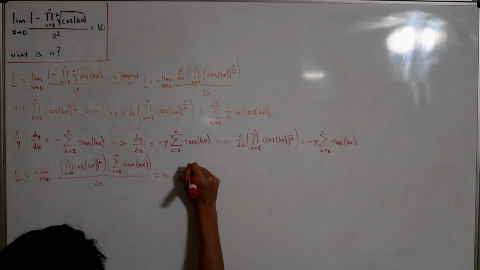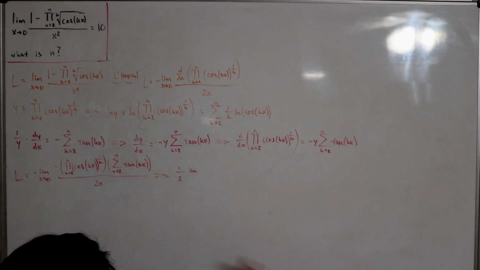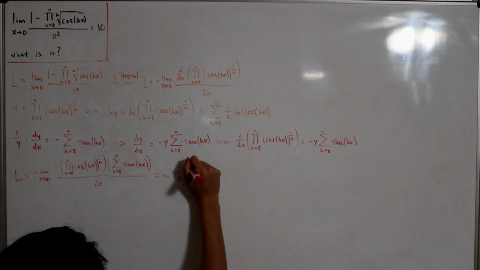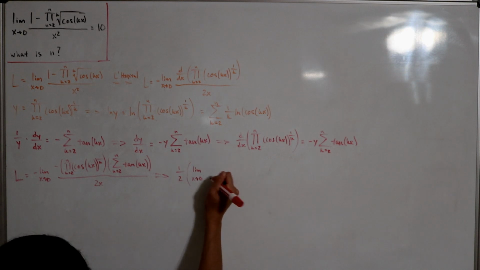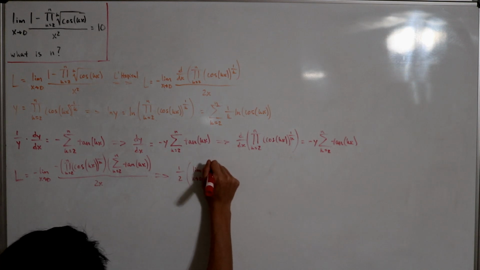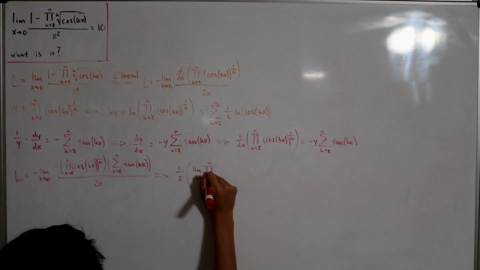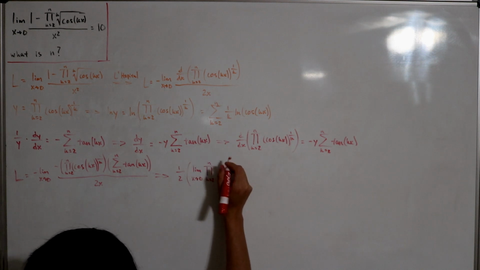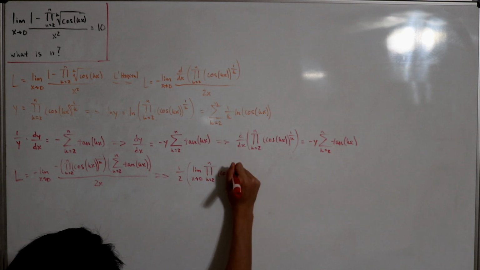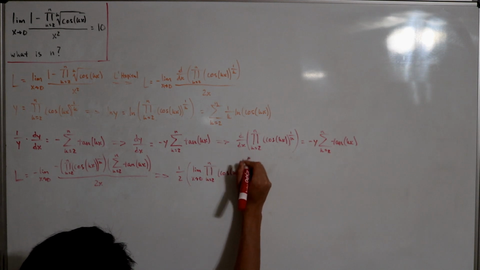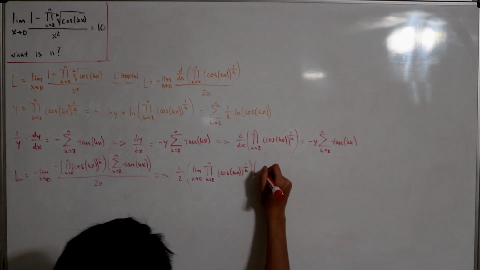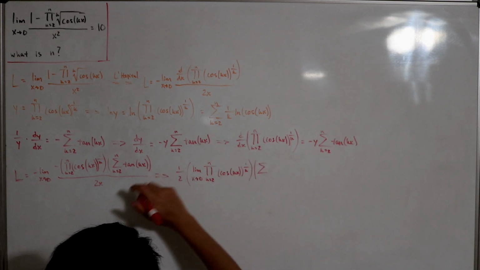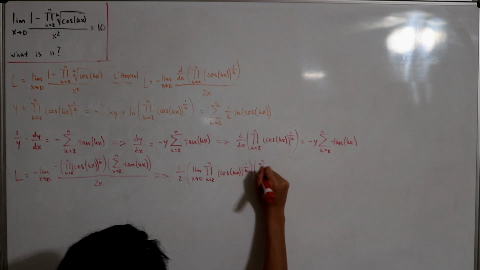And now we just take the limit. Let me actually write the parentheses first, so we have big parentheses. This is the limit as x approaches 0 of the product series, k equals 2, of 1 over k, and then that's being multiplied by our sum, but of course I can actually take the limit of that as well.